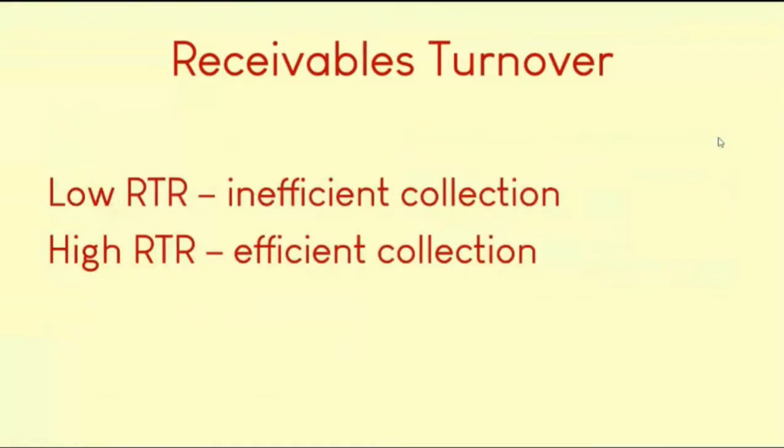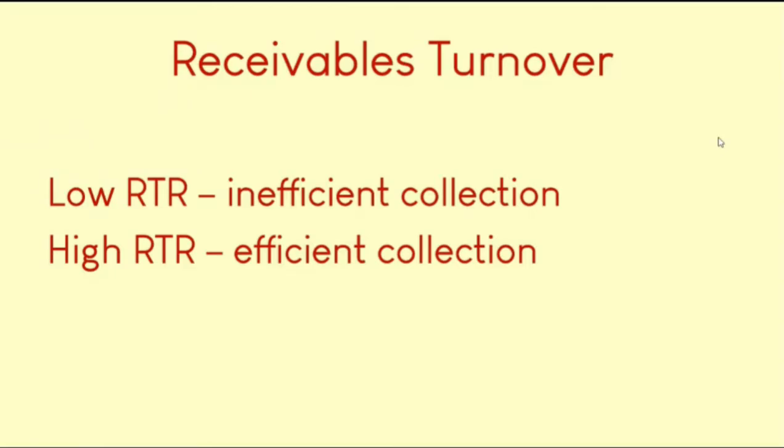Okay, so we interpret the receivables turnover as having a high receivables turnover rate or a low receivables turnover rate. If we have a low RTR, it means we have an inefficient collection. A low RTR is inefficient and a high RTR is efficient.